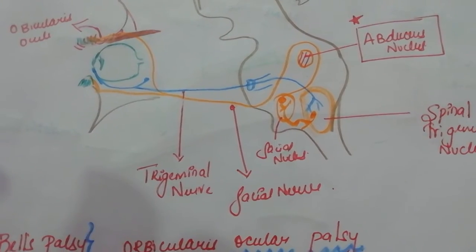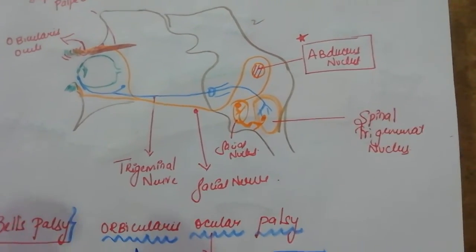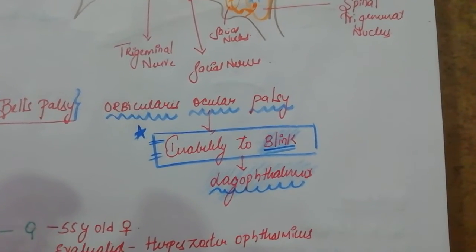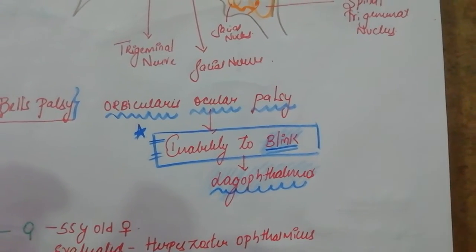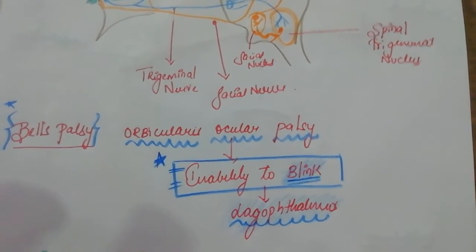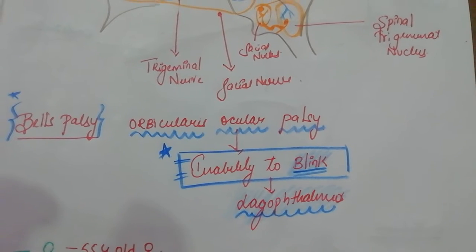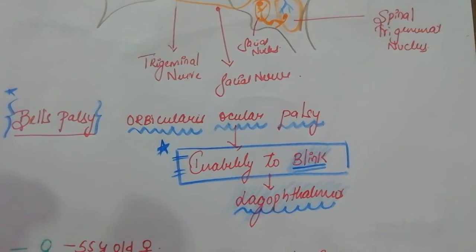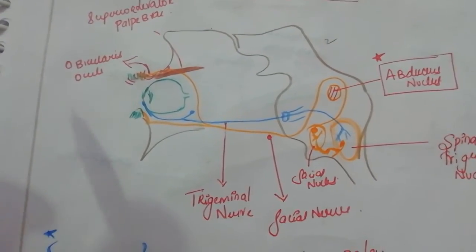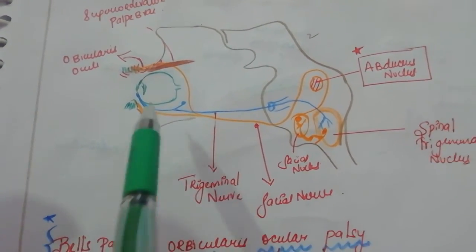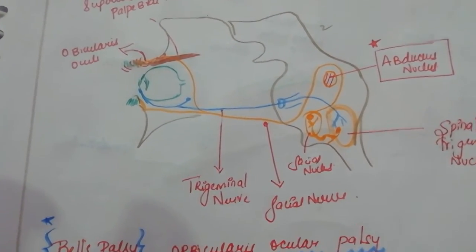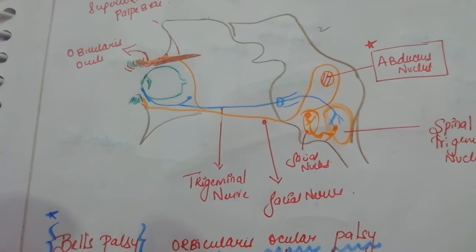Now they have asked a beautiful clinical question here. Bell's palsy is characterized by orbicularis oculi palsy. It leads to inability to blink, called lag ophthalmos. What actually happens in Bell's palsy is that there is paralysis of the orbicularis oculi muscle.